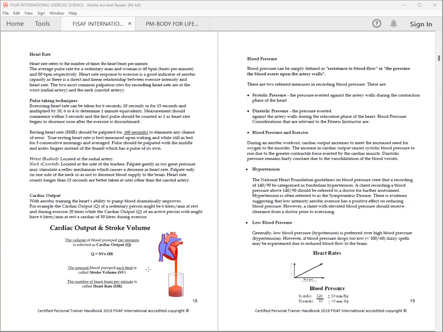The difference comes once they start exercising. Then the fit person will pump much more blood through the body than an unfit person. The blood contains oxygen, and when there's more blood with more oxygen, obviously you can have a better performance.